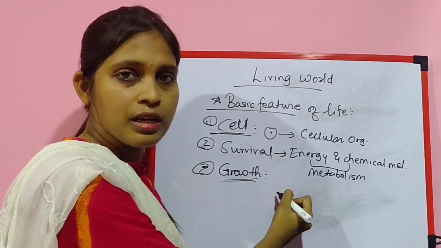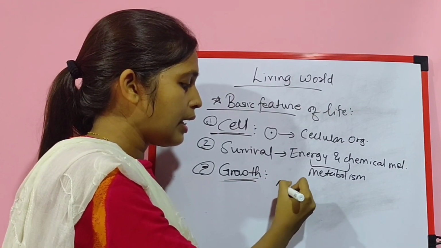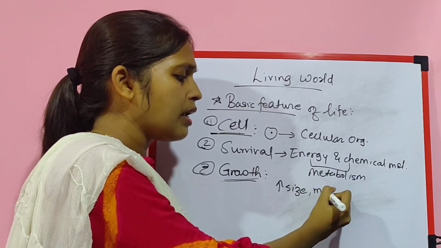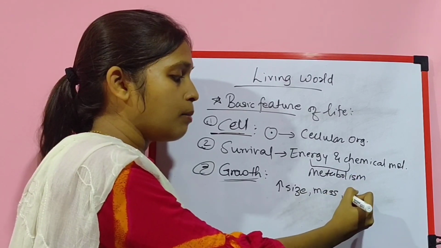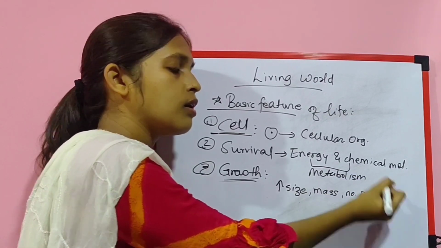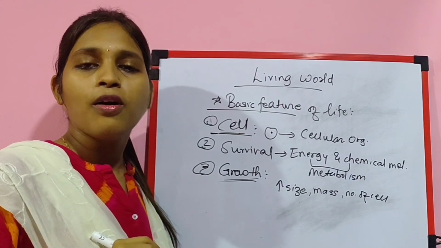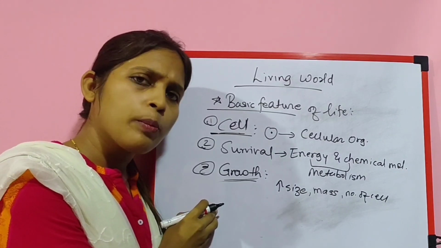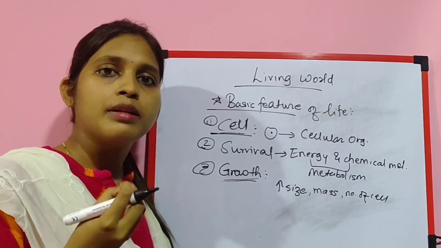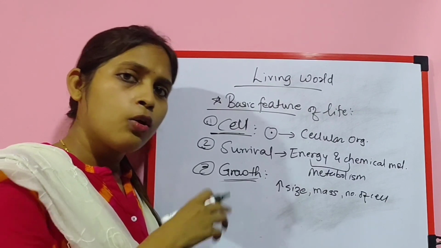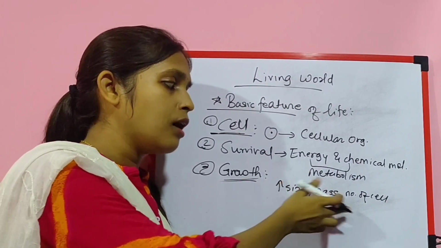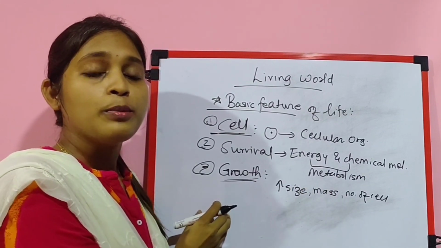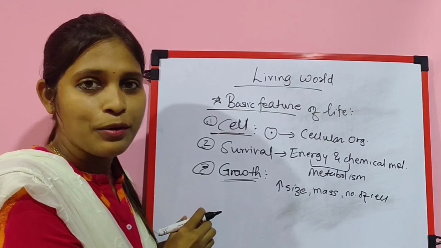If a particular cell is increasing in size, increasing in mass, and in number of cells, then we will call that life form to possess growth. Now if we compare this property with any non-living form, for example a table or a chair, do they show growth? Is there any increase of size, mass, or number of cells in their body? No. So growth is a defining property for a living organism.